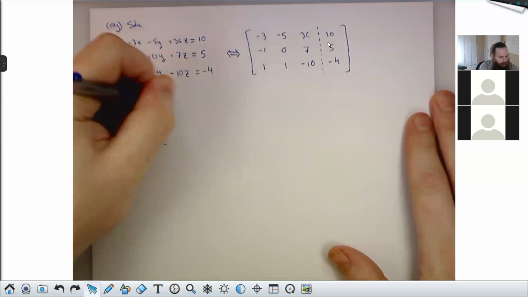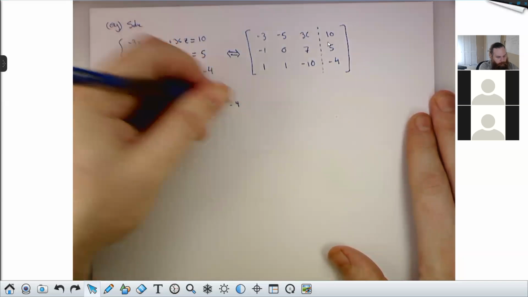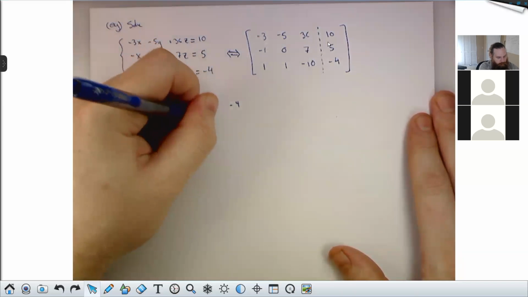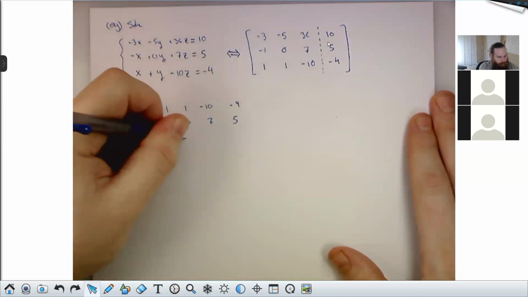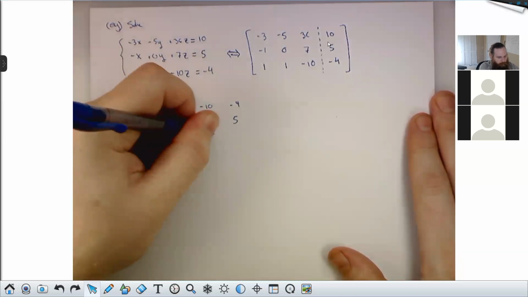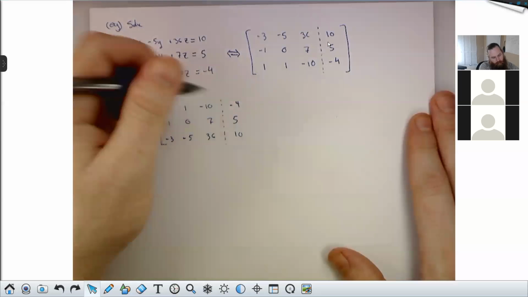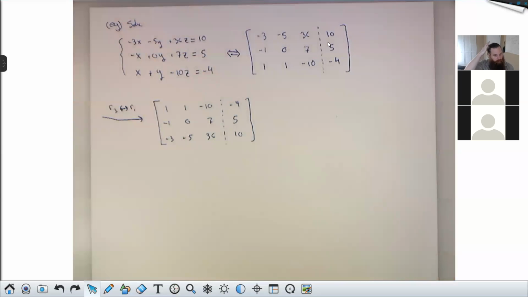So I'll now have 1, 1, negative 10, negative 4, negative 1, 0, 7, 5, and negative 3, negative 5, 36, 10. I just switch row 1 with row 3. That's all. That gives me a 1 in my first pivot position.